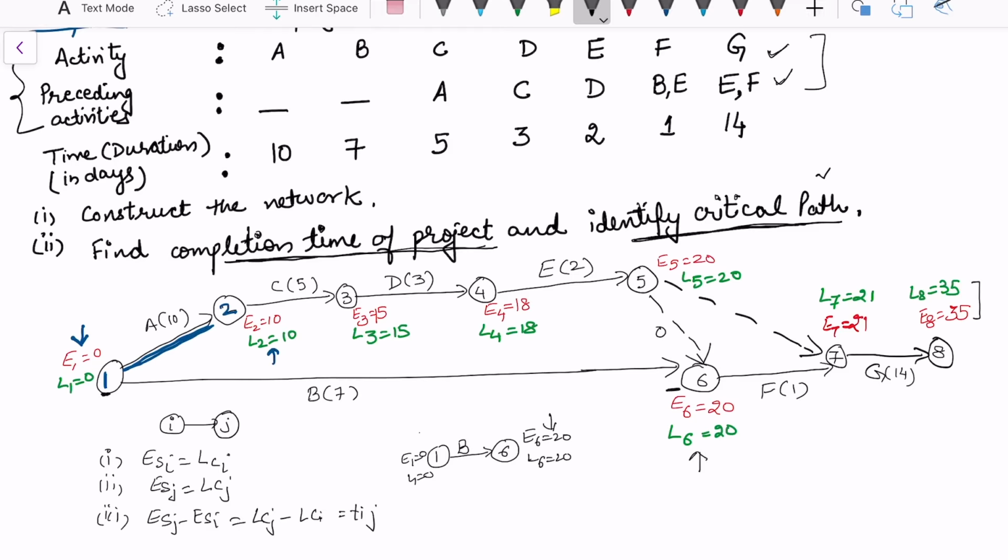So this is the same, this is the same, and conditions 1 and 2 are satisfied. But the difference between this earliest and E1, that is 20 minus 0, is not 7. So the third condition is not satisfied for activity B, and activity B is not a critical activity. Then let us look at activity C. Is this a critical activity? Yes, 10, 10.